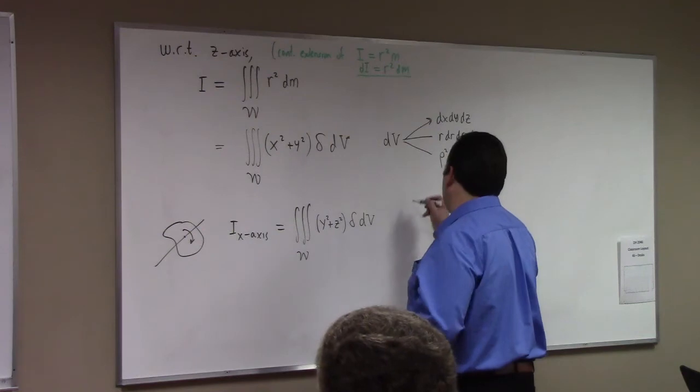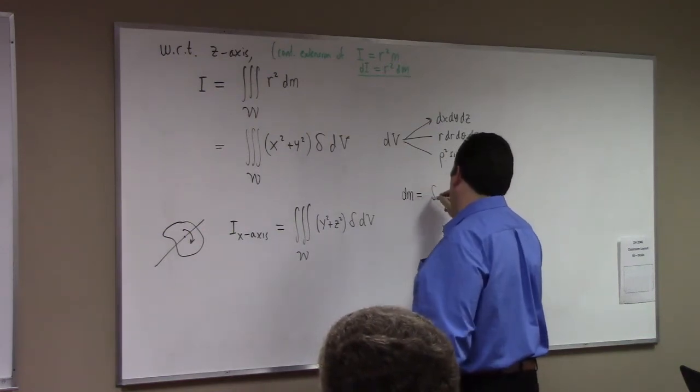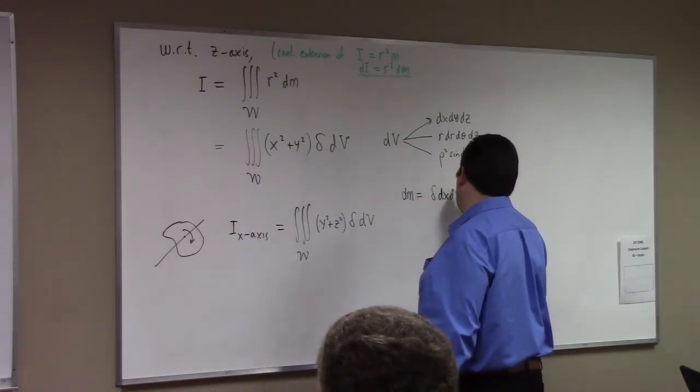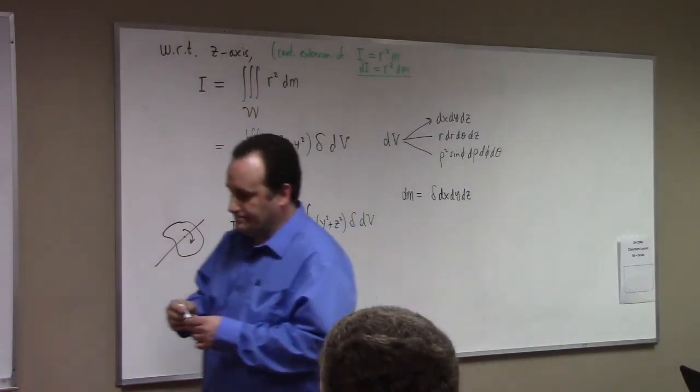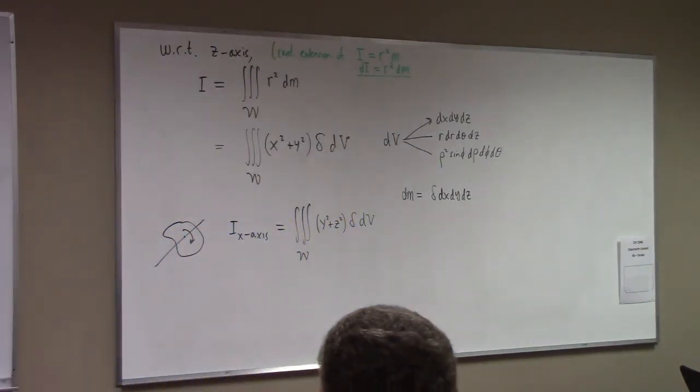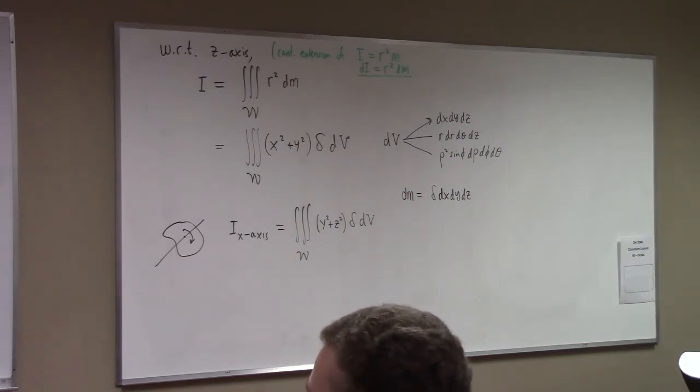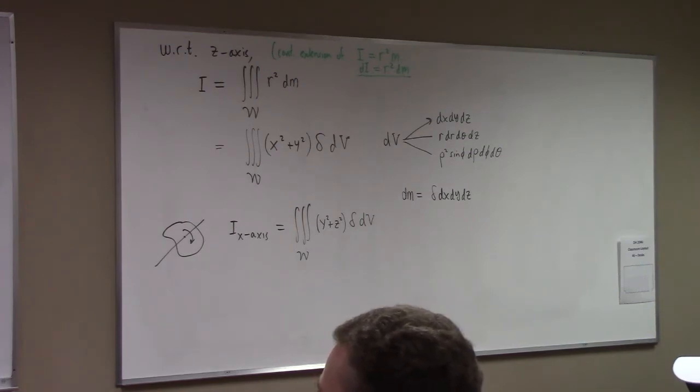I suppose dm you could write as delta dx dy dz. Sure, but I prefer not to. I like to think about dv. To me, the concept of dv on its own is useful because I'm not committing to Cartesian, cylindrical, or spherical coordinates at that point. It's the volume element, which geometrically exists independent of our choice of coordinates.